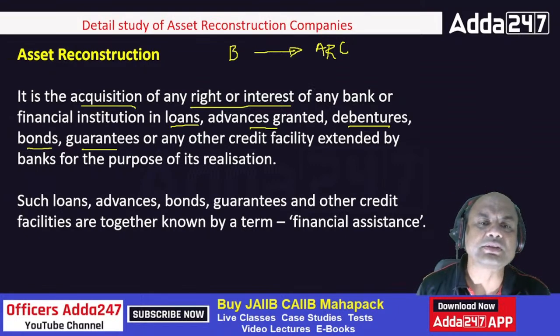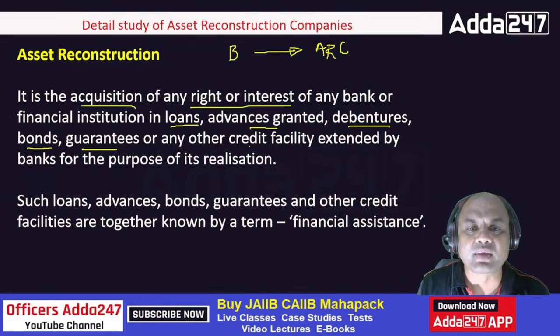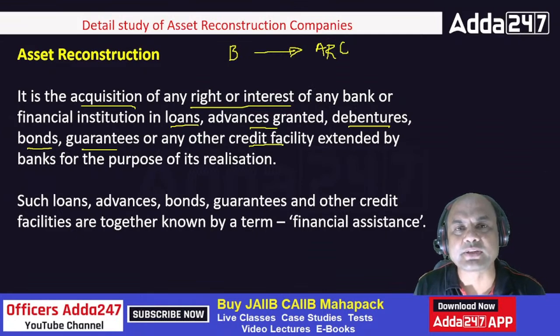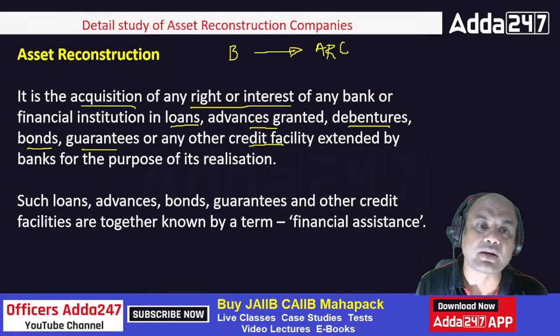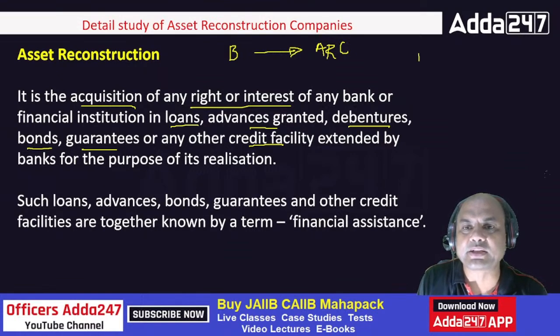Okay, so you'll say credit facility means what? Is a bond or debenture a credit facility? Yes, it is. Means a bond is a credit? Yes, it is. Depends on this. Whenever any bank, suppose I am a bank, let me explain this part. If I am the bank, then what happens? I'll get the money from depositors. What will I do with this money?